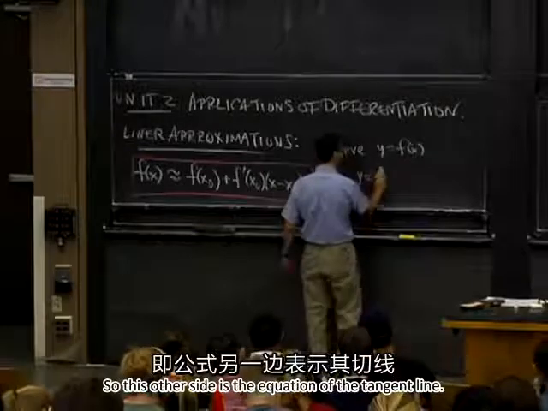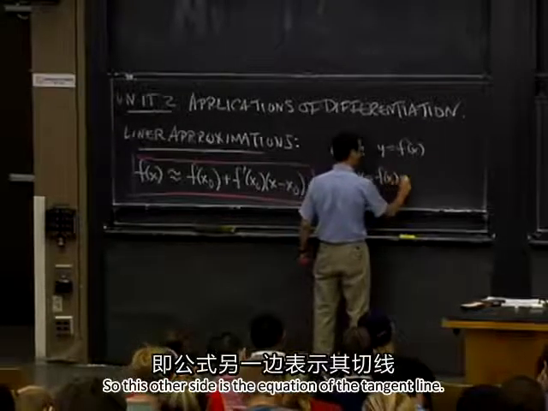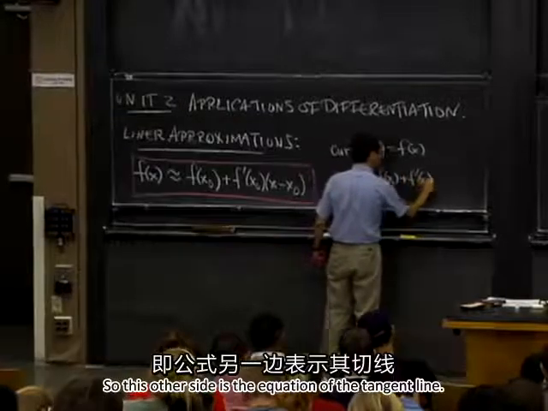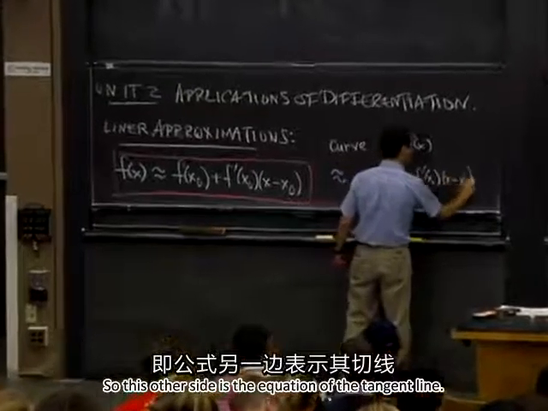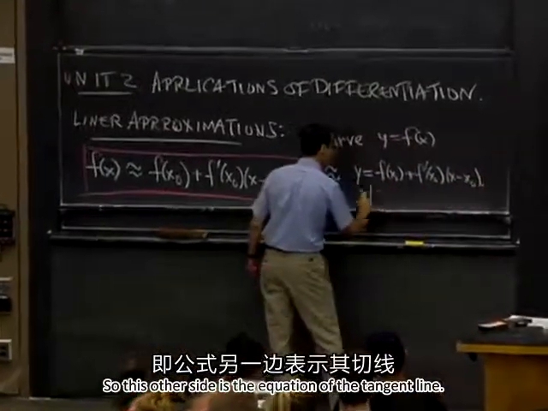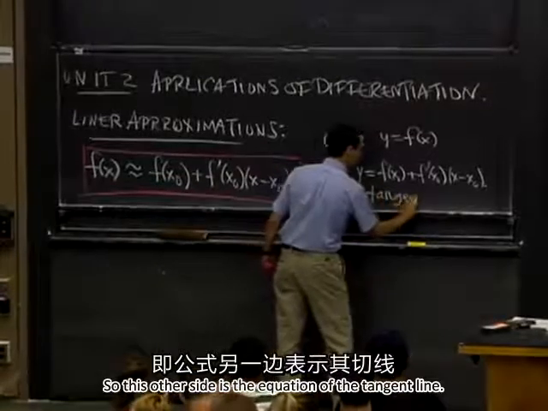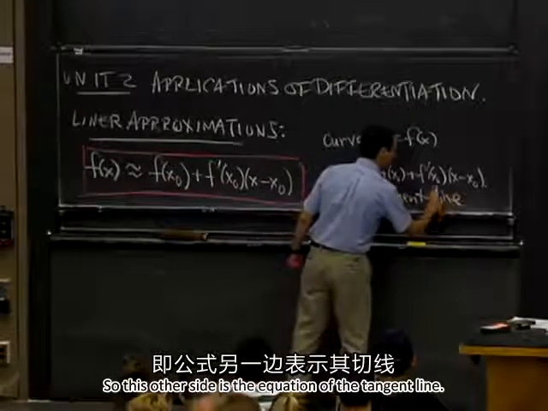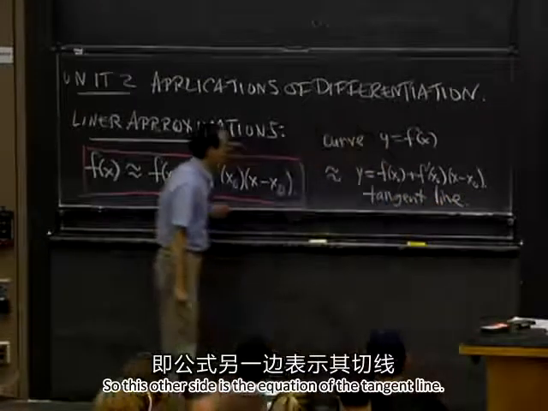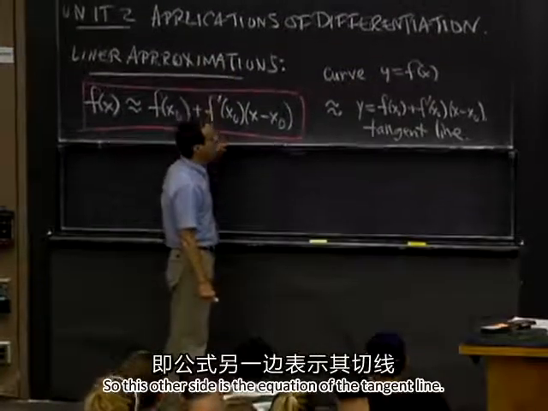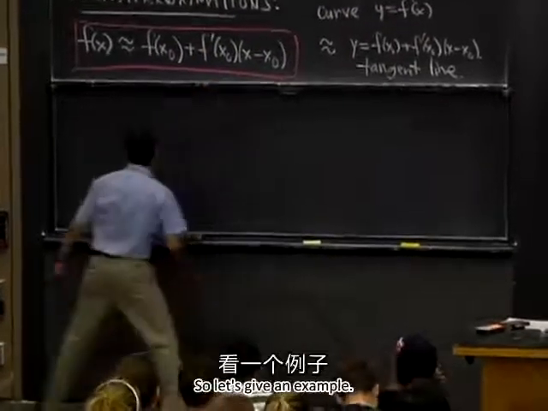So this other side is the equation of the tangent line. So let's give an example.